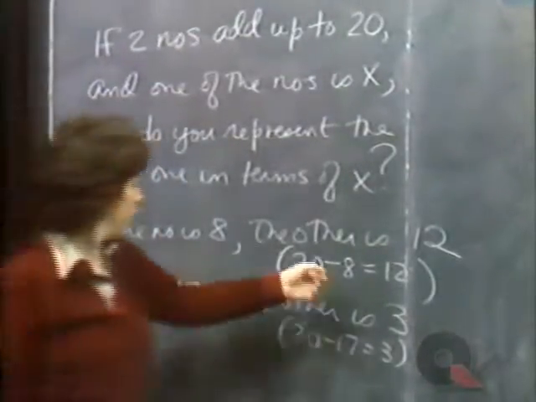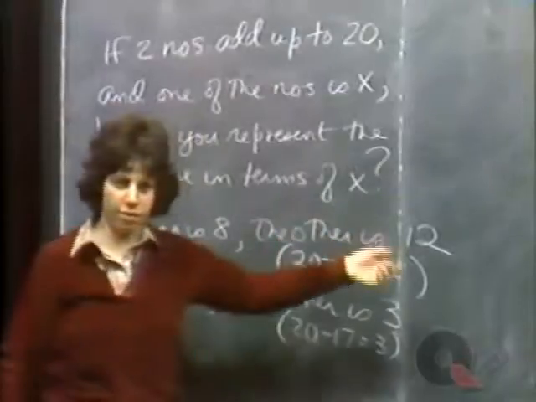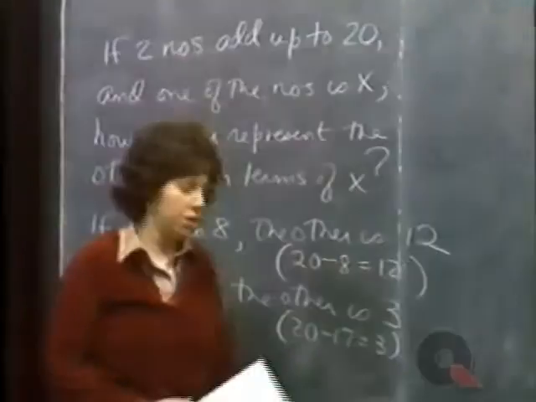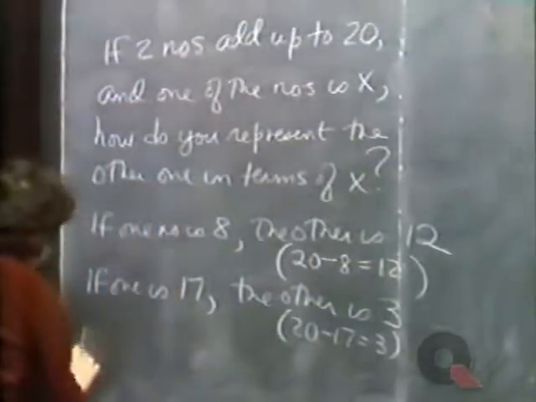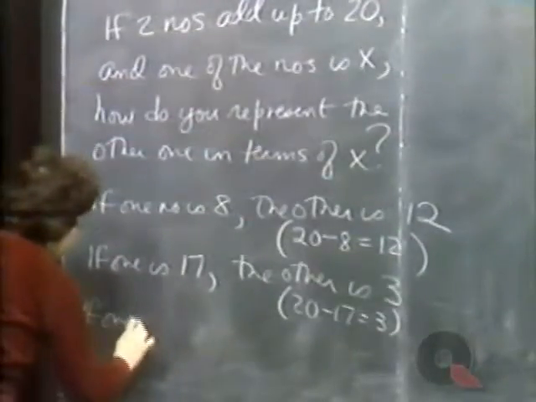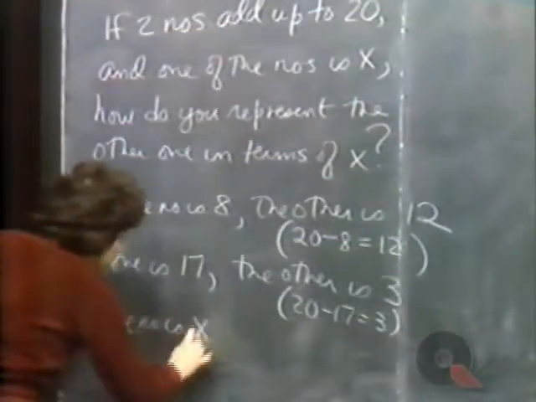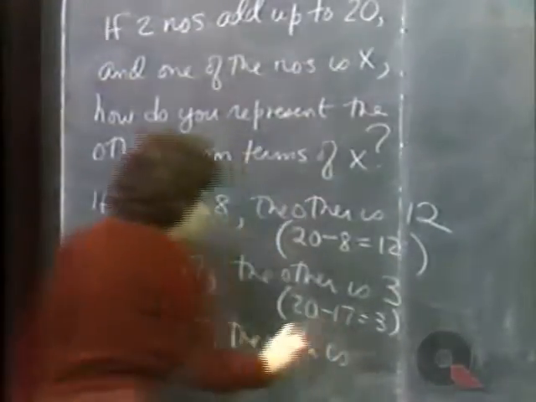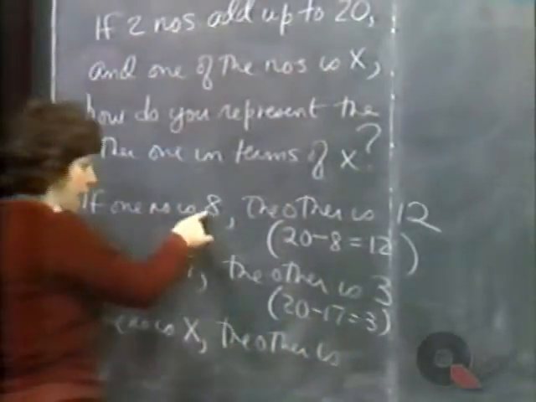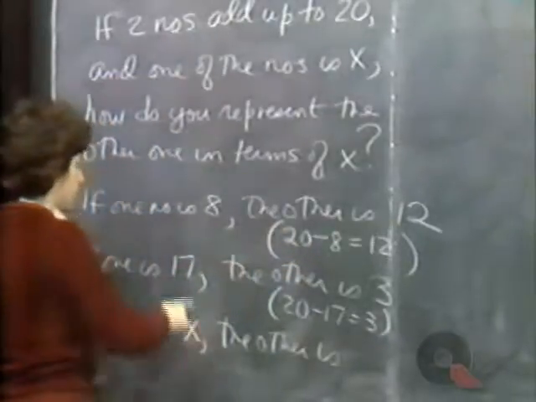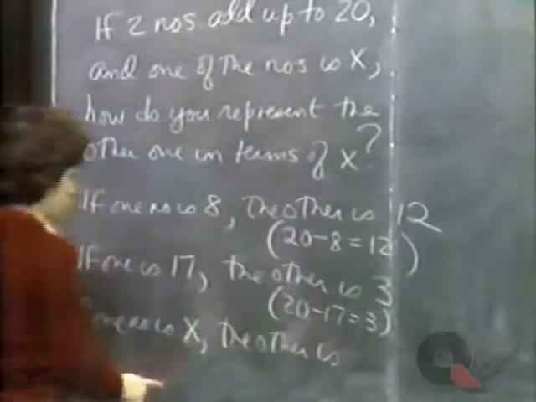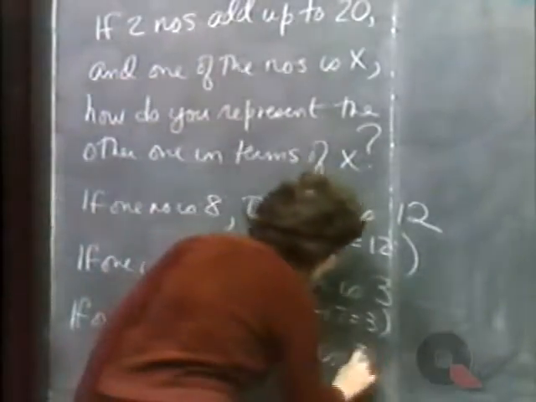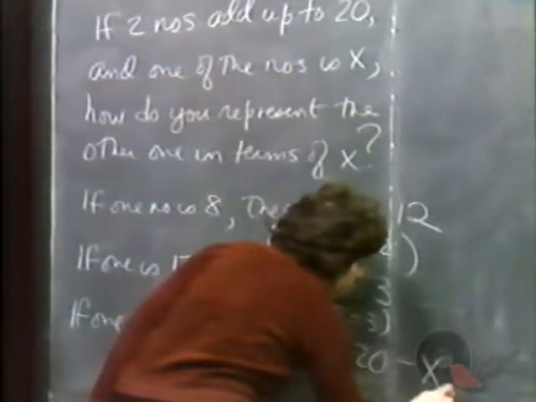You subtract what you have from 20, find out what's left over, and that gives you the other number. So if one number is x, the other is, okay, now when it was 8, you took 8 from 20. When it was 17, you took 17 from 20. When it's x, you take x from 20.